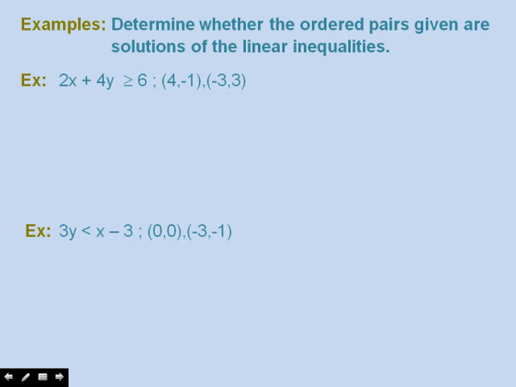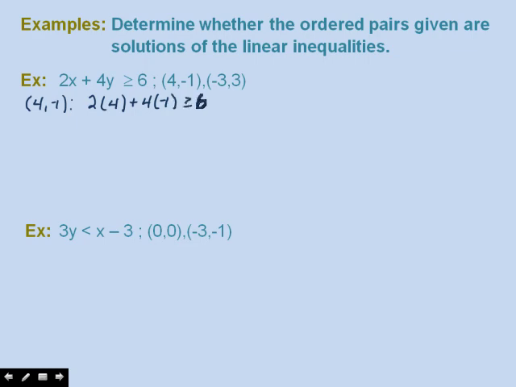Here we have the inequality 2x plus 4y is greater than or equal to 6, and we're testing both of these ordered pairs to see whether they would be solutions or not. So let's look at our first ordered pair. We're just substituting 4 for x and -1 for y in our inequality.